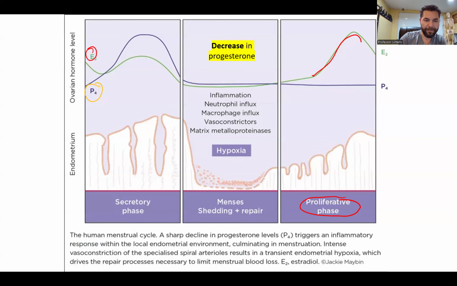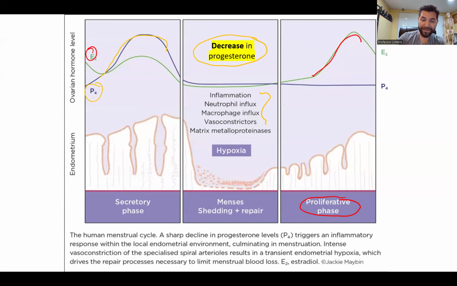As we go to the secretory phase, we will notice that progesterone is now the highest. However, there's still a decent amount of estrogen in there. Once we need to reset, we see that progesterone decreases, as does estrogen.